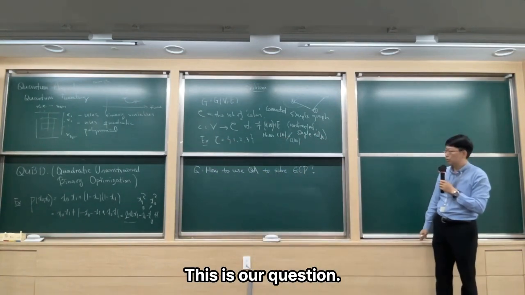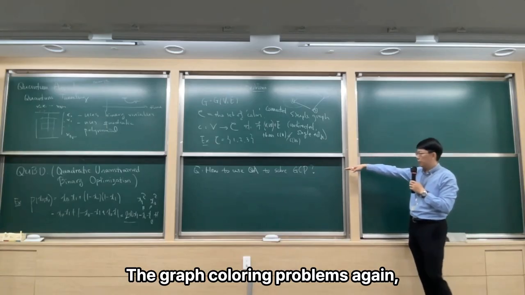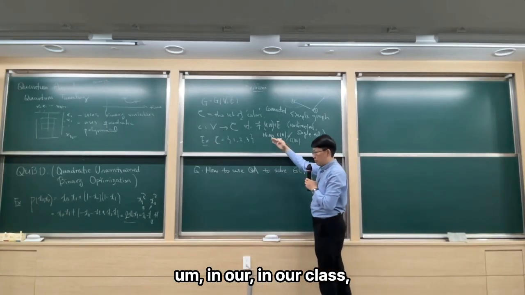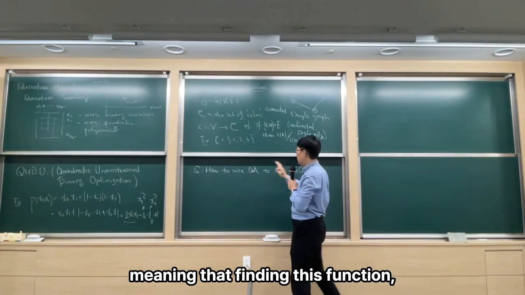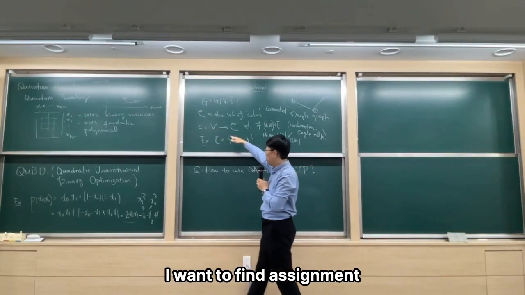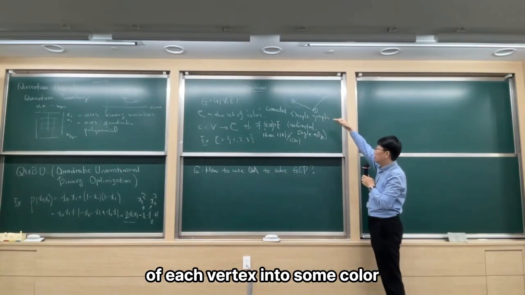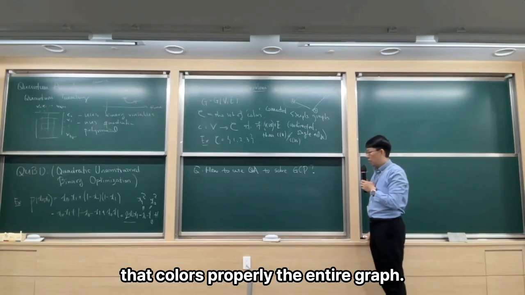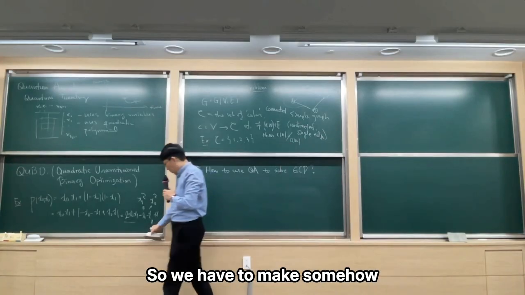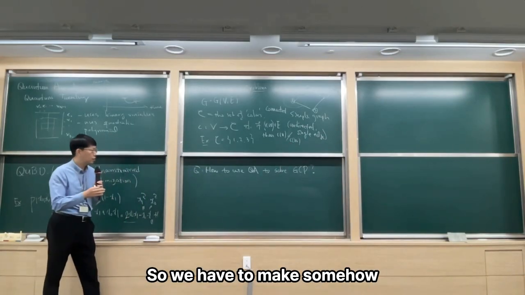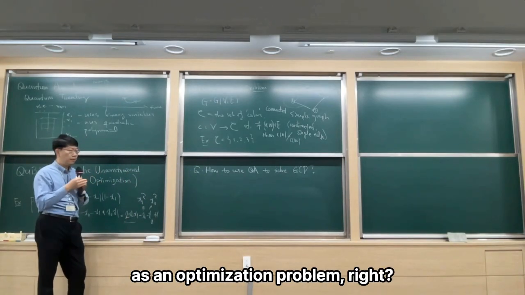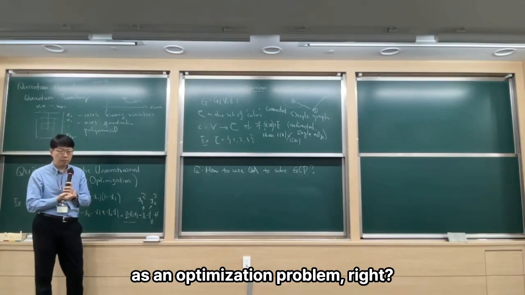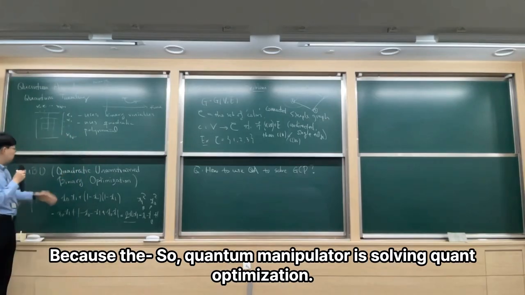The graph coloring problem, again, in our class, means finding this function, an assignment of each vertex to some color that properly colors the entire graph. So we have to somehow make graph coloring an optimization problem, because the quantum annealer solves optimization.